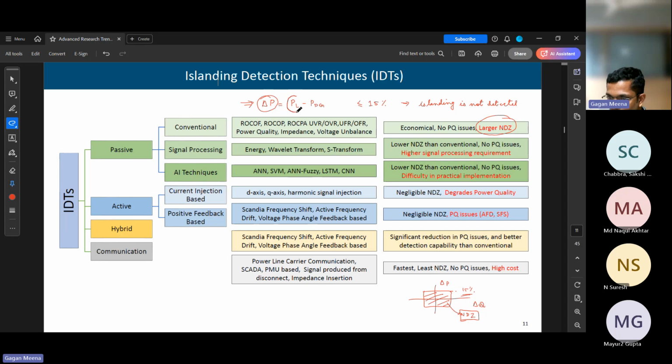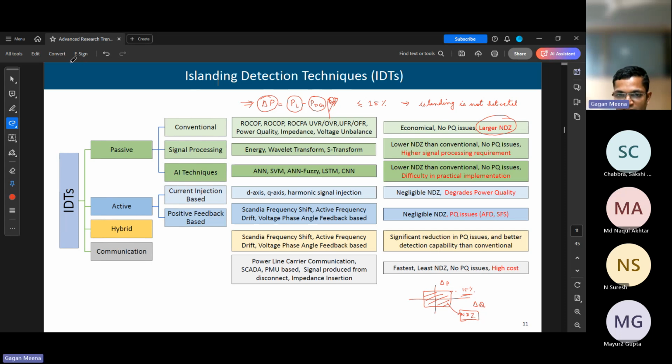Although the microgrid is islanded, if the load is equal to the generation, then the mismatch will be zero. But we want to island, yes, zero. Not zero import. Zero import means we are not connected to the grid.